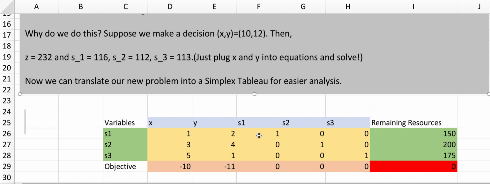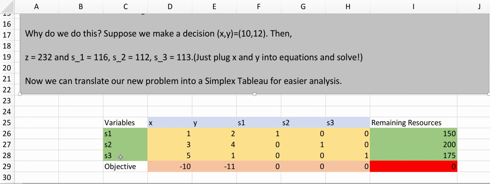Since the 1 in the S1 column is in the first row here of this yellow region, I just denote that over here on the left by an S1 under the variables. So these green variables, S1, S2, and S3, that's just keeping track of which variables we are considering are non-zero or have some value.